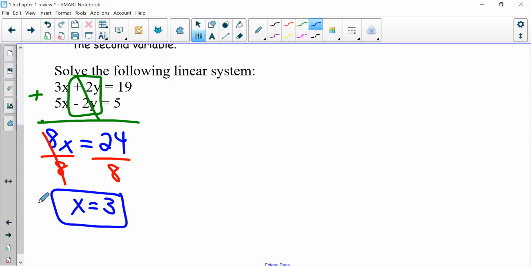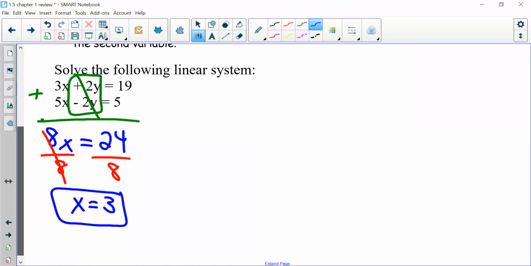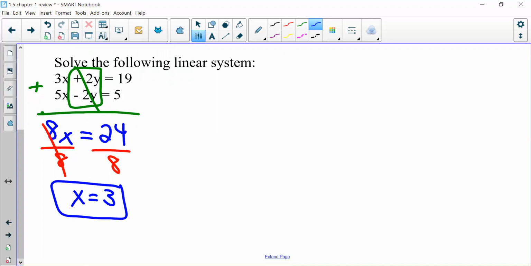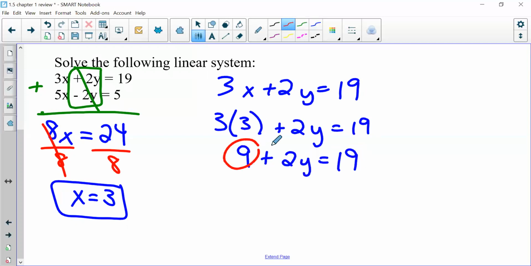How am I getting the rest of my point? Basically, you're gonna choose which one is easier, so I'm gonna use the top one. You're gonna put x in as 3. So 3 times 3, plus y equals 19, and I go to the sides, 9 plus y equals 19, so y is 10.